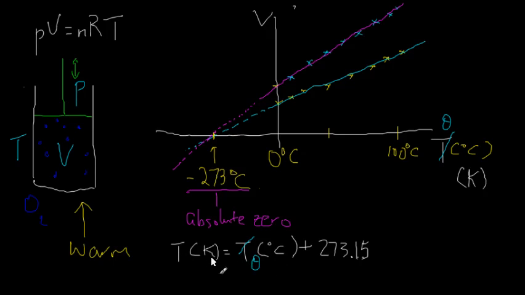So if I want to use a Kelvin scale where the zero is minus 273 degrees Celsius, this is the relation between the Celsius scale and the Kelvin scale.